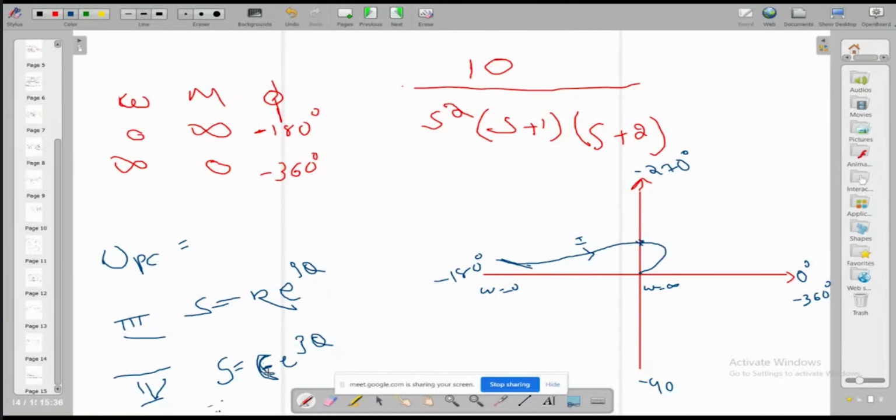That is nearly equal to 0, and this is nearly equal to infinity.